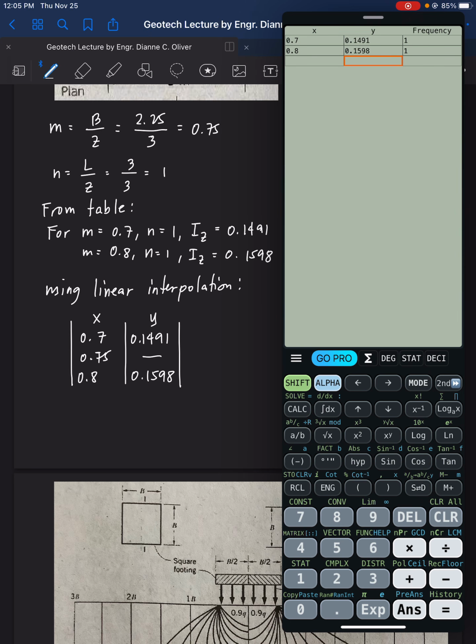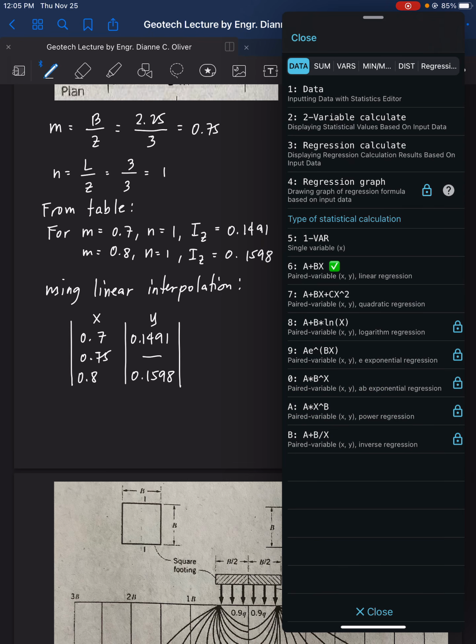Then we clear, shift stat, and then where is the inputting data? So the statistics.